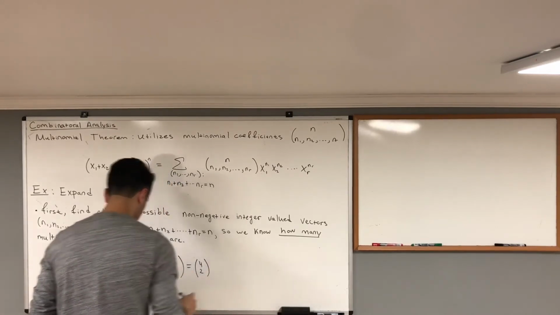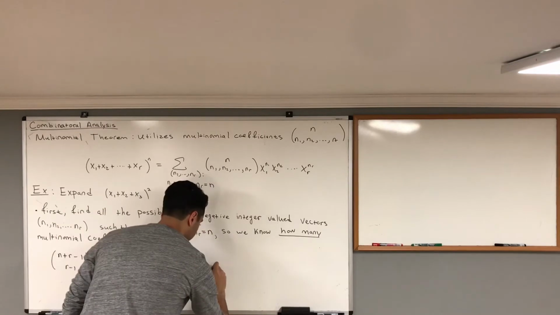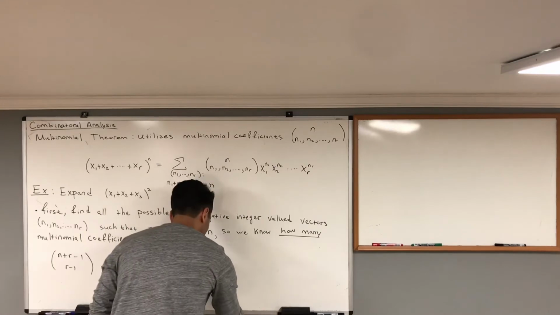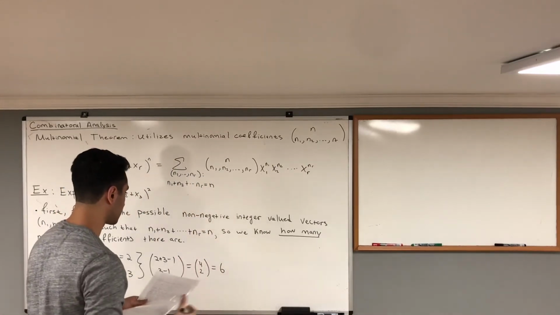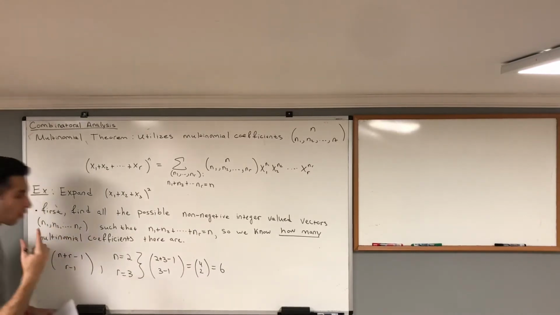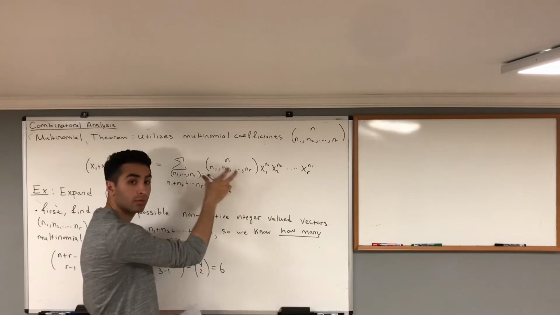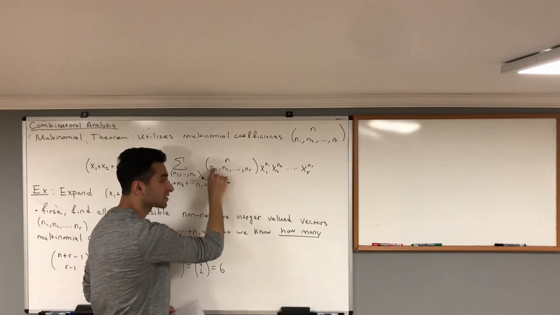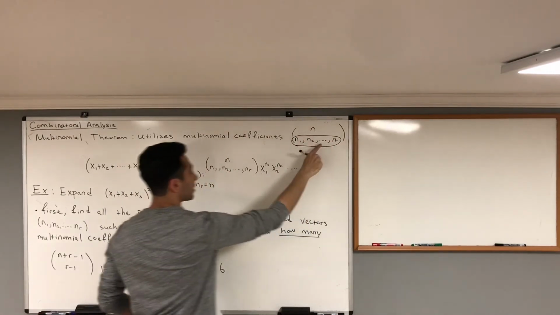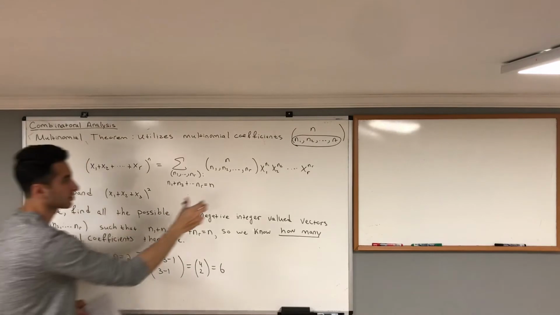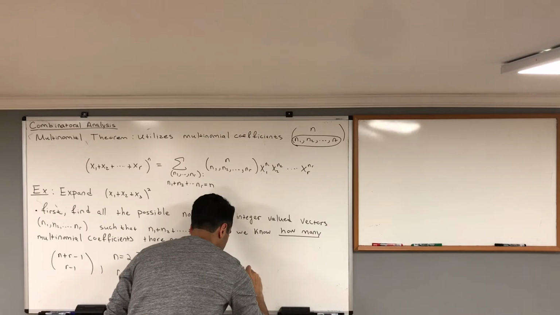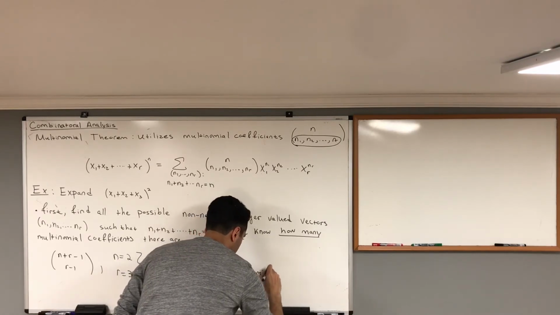Yeah, so 4 choose 2, do it in your calculator or use the factorial definition, and you should get 6. 6 what? 6 possible vectors, 6 possible lists, but that also means you will have 6 possible multinomial coefficients because the list is already built in the multinomial coefficient. The list is right here. It's the same list, it's just over there. So we'll have 6 multinomial coefficients.